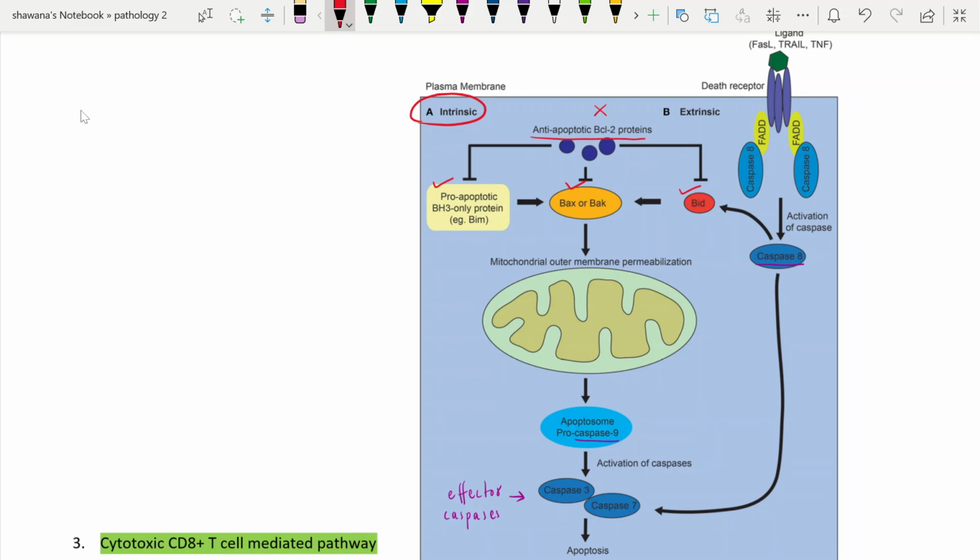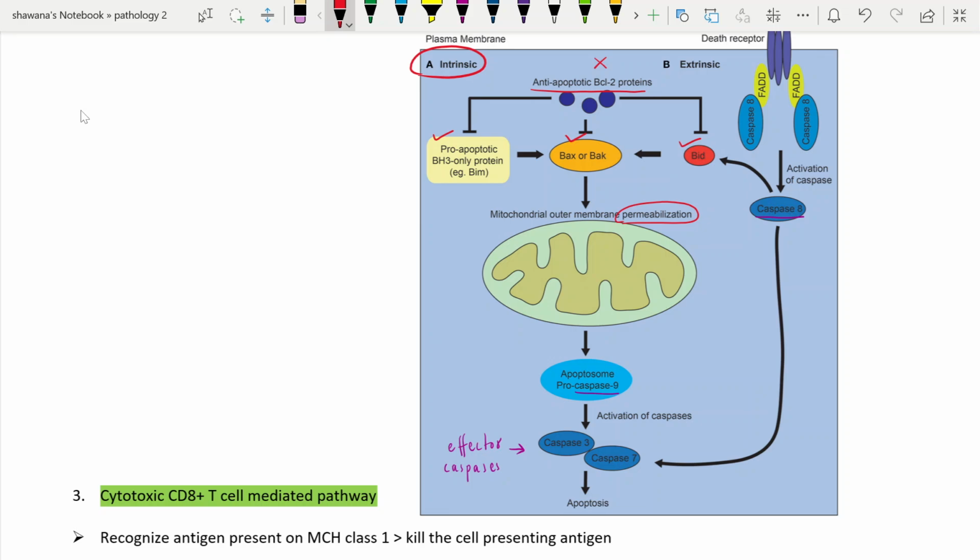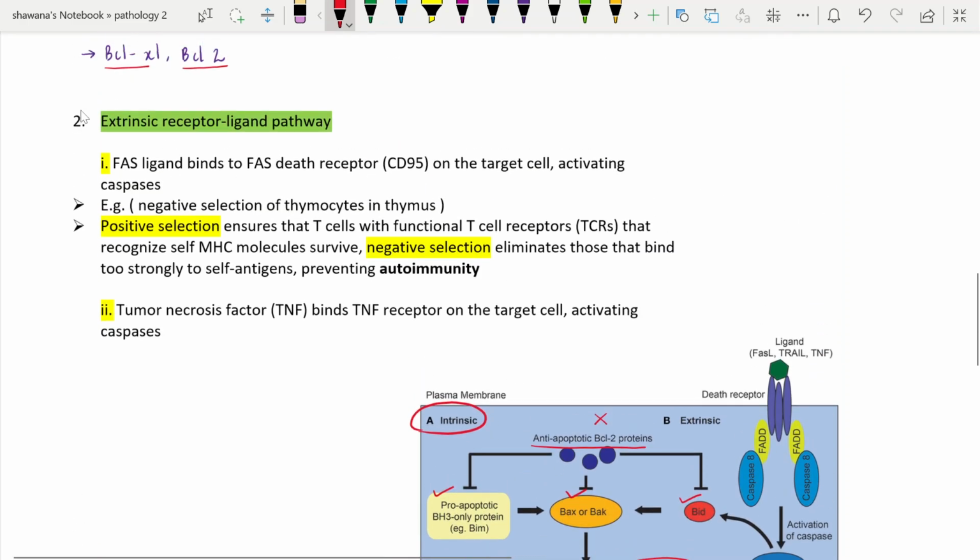It results in permeabilization, increasing permeability of the mitochondrial membranes. It results in the leakage of cytochrome C, and it causes the activation of caspases, which further activates the other caspases, which are effector caspases, caspase 3 and caspase 9. Eventually it leads to the apoptosis of a particular cell.